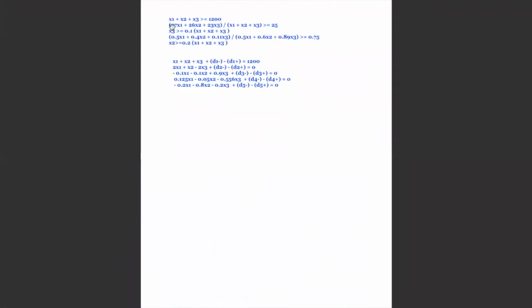And right here I have all of the goals. So the first goal is to have at least 1,200 freshmen. The second goal is average ACT score to be 25 at least. The third one is international students to be at least 10% of the total accepted.